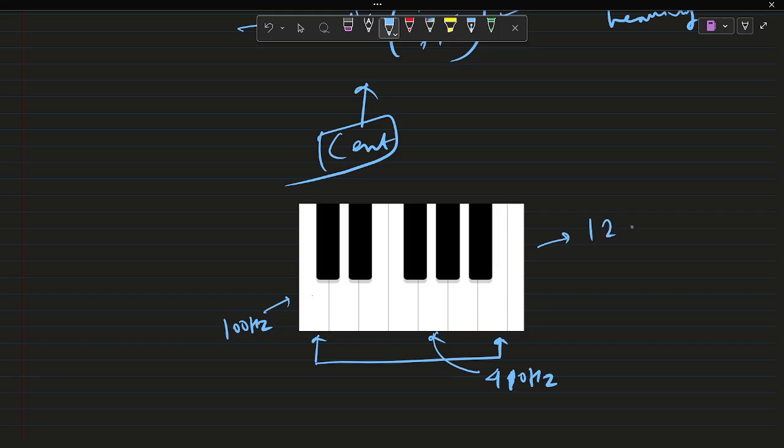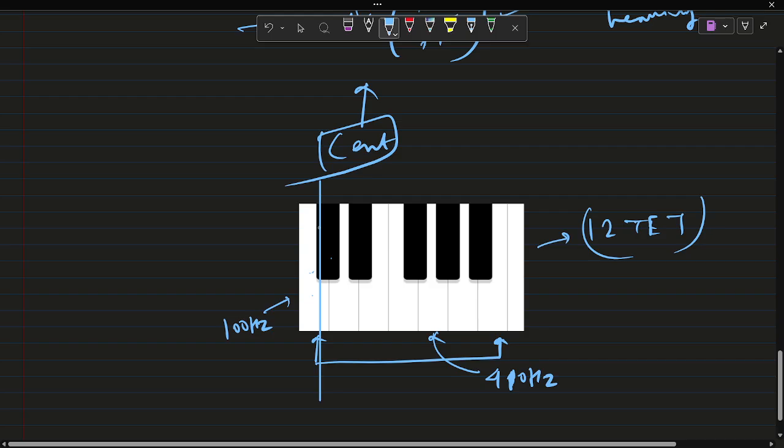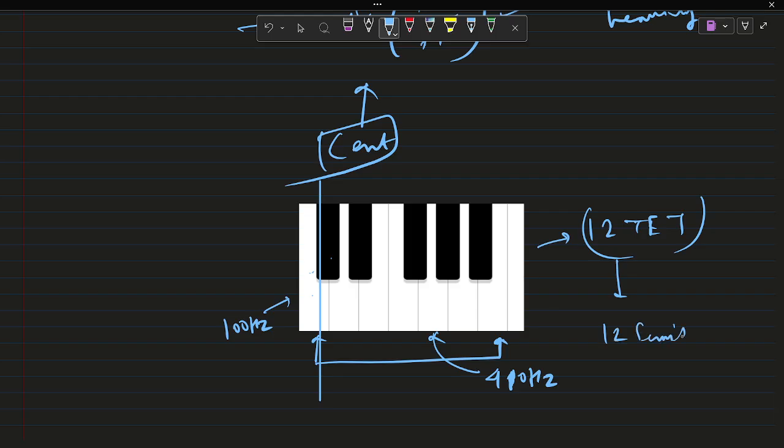In a 12 tone equal temperament system, we have 12 equally tempered notes within an octave, where every note's distance is a semitone. So we have basically 12 semitones within an octave. Semitones are just the distance between two adjacent notes.